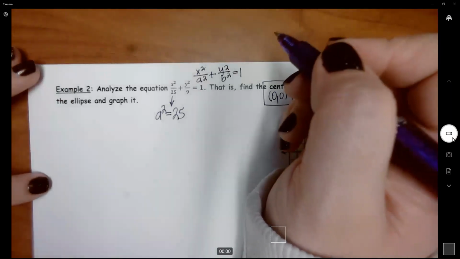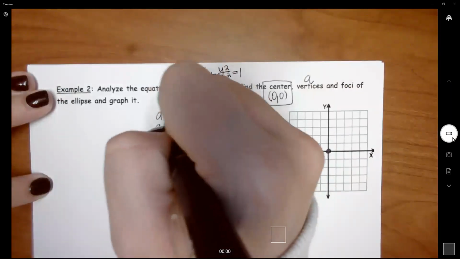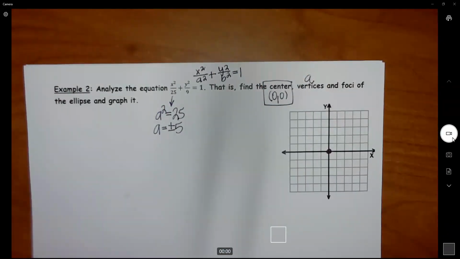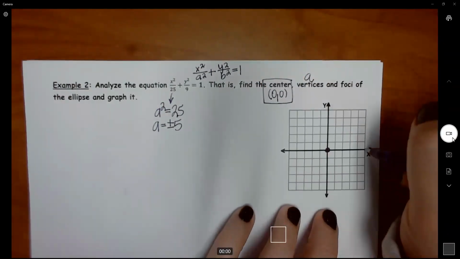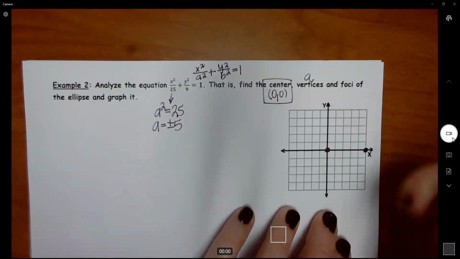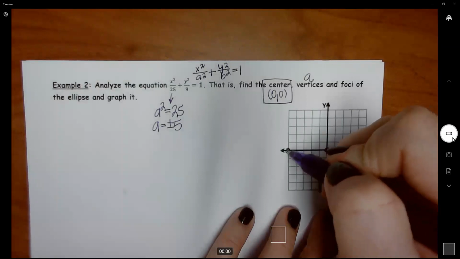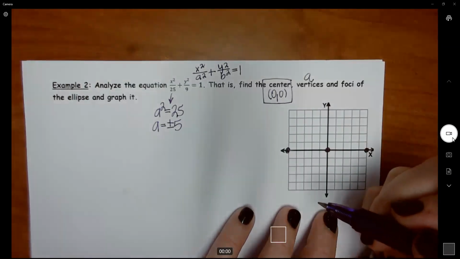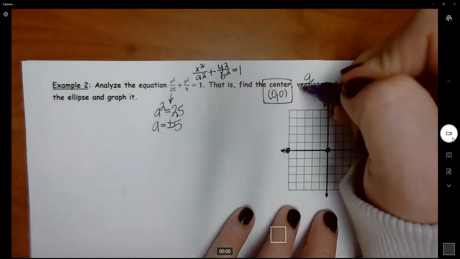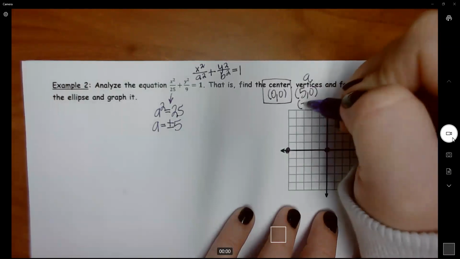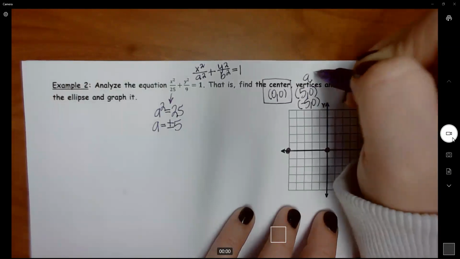So take the square root of both, and we're going to get A equals plus or minus 5. So from the center plus 5, and from the center minus 5. So that means my vertices here are 5, 0, and negative 5, 0.